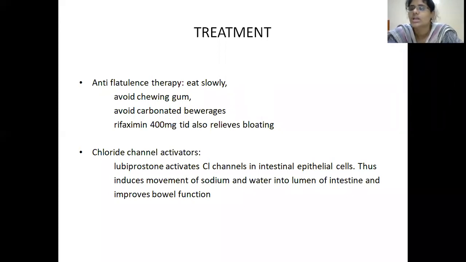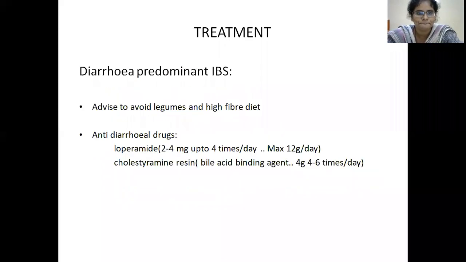Another option is chloride channel activators like lubiprostone. Lubiprostone activates the chloride channels in the intestinal epithelial cells, so sodium and water move into the lumen of the intestine, the content increases, and it improves bowel function. This is important in constipation predominant IBS.